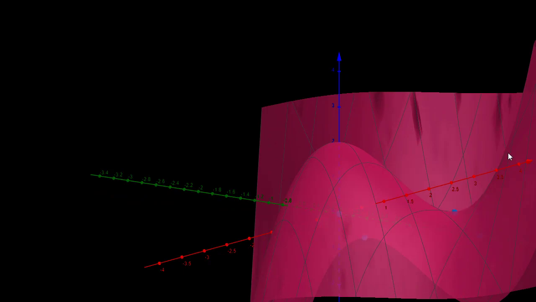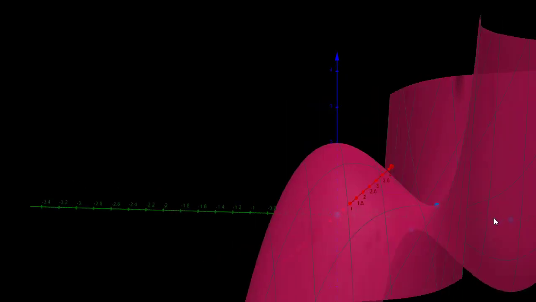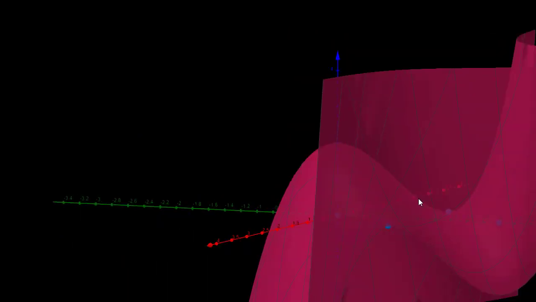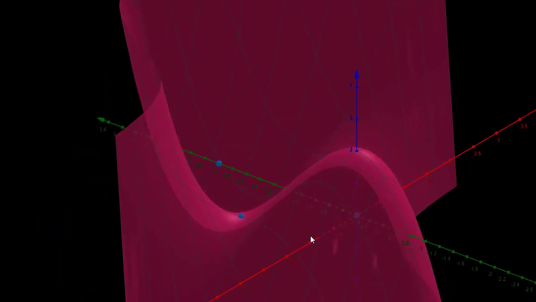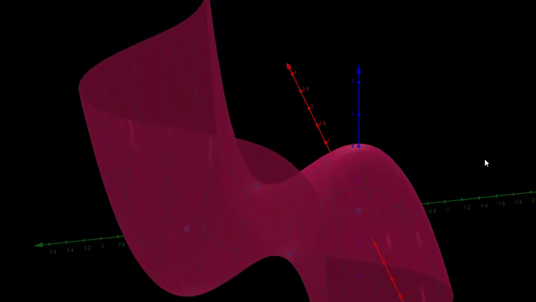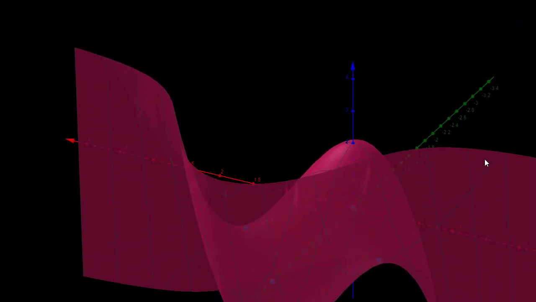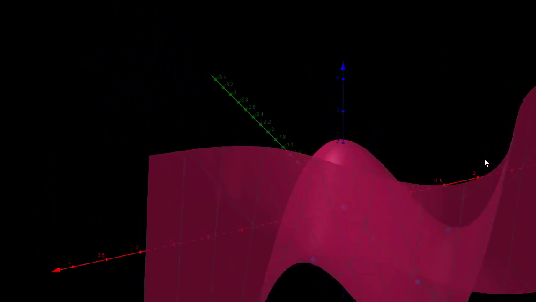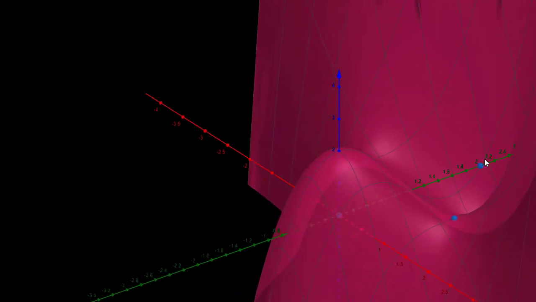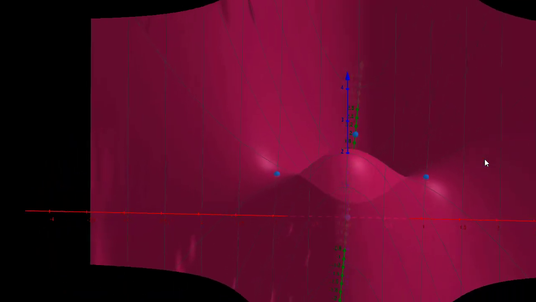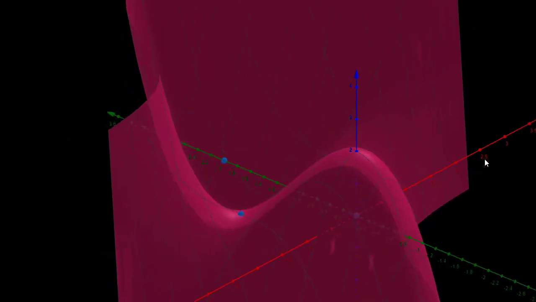On this other saddle point, looking at it this way, we see a minimum, and if we spin around this way, we have what looks like a maximum. These can be tough to find just looking at a graph, so that is part of the reason why we need this analytical tool of using the second derivative test.